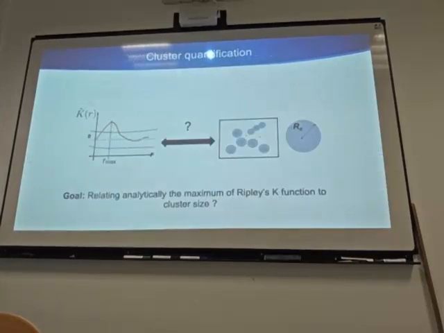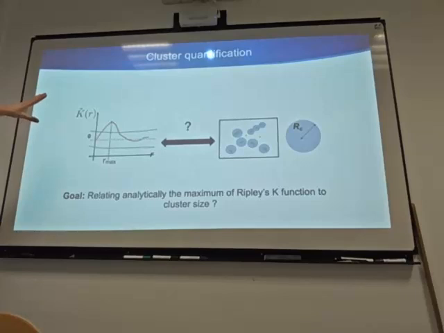And the last part for this clustering is the quantification of clusters. So you can, for example, if you use density-based clustering or, I mean, a local method for clusters, you can still extract your clusters and measure their size or their composition. Here, I just wanted to mention this.